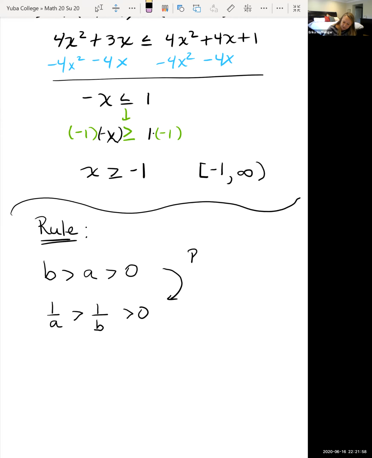So positive numbers, the reciprocal of those values flips the inequality.